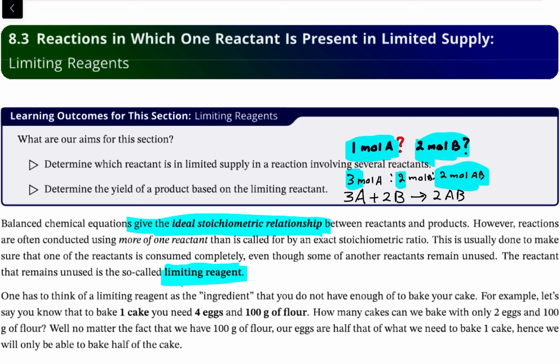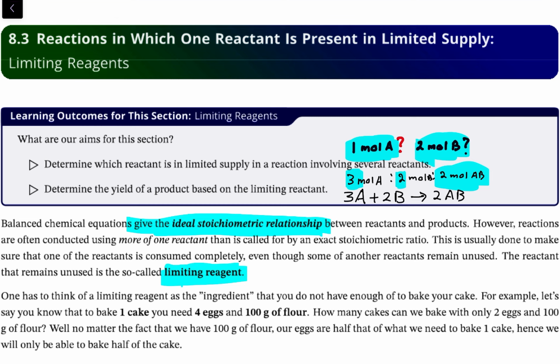And that's basically what a limiting reagent does. It dictates how much of a reagent will react and how much product will form. So this is what this section is about.